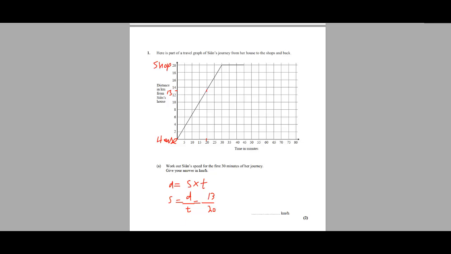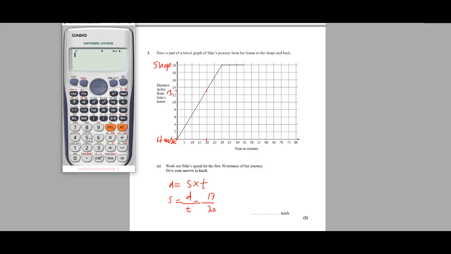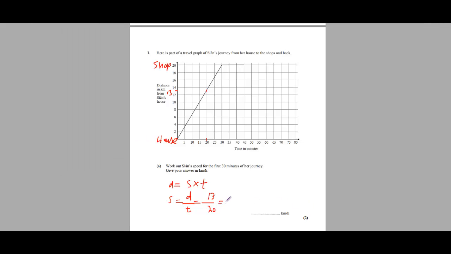So it is 13 over 20, which is 0.65 kilometer per minute, but we have to give the answer in kilometers per hour.